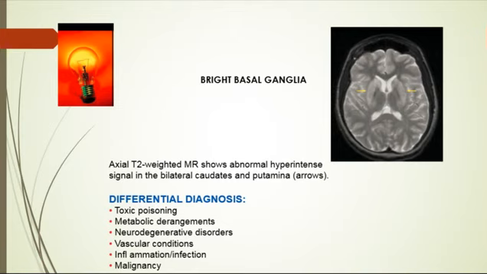You should look for evidence of reduced diffusion, hemorrhage, contrast, mass effect, clinical history, time course, additional abnormalities of the thalamus, cerebral cortex, corpus callosum, white matter, cerebellum, brainstem can also help to narrow the differential diagnosis. So just picking up the bright basal ganglia sign is very non-specific. There is something wrong, but which one is it? You have to depend on the other sequences and the clinical history and the lab and whatever.